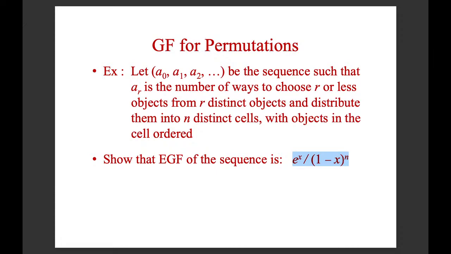If it is a number between 1 and n, it means that this particular position, or this particular object, is put into the corresponding bin. And if it is 0, then it means that it is not selected at all.